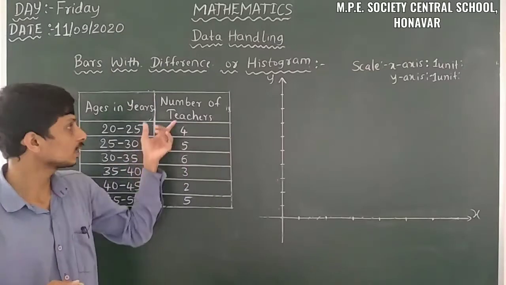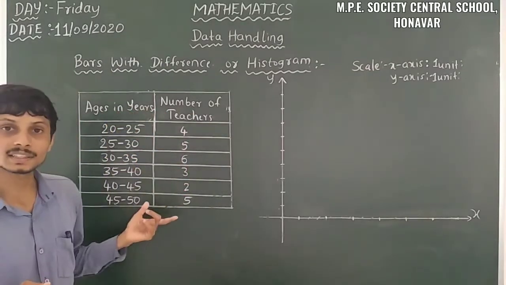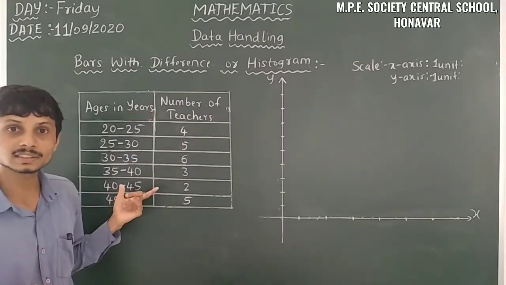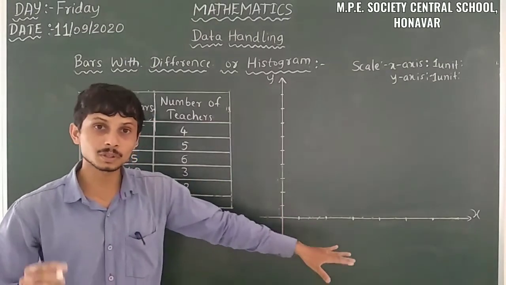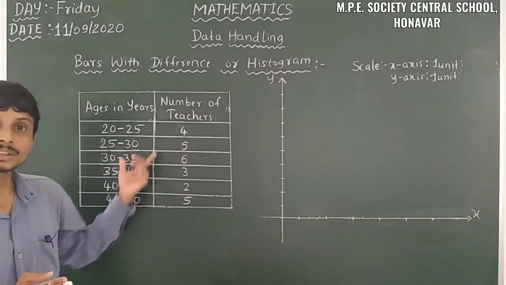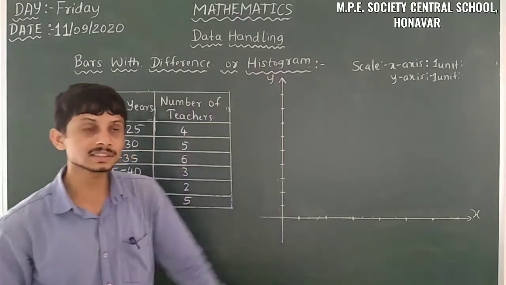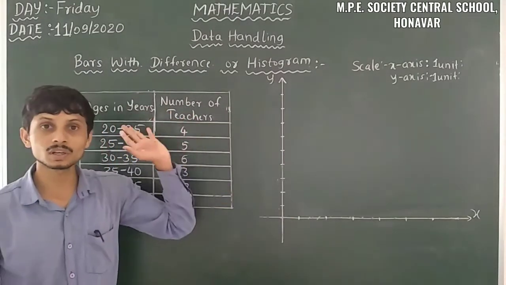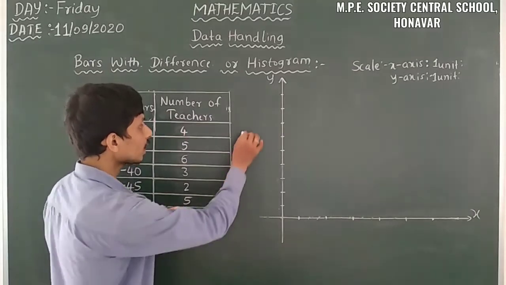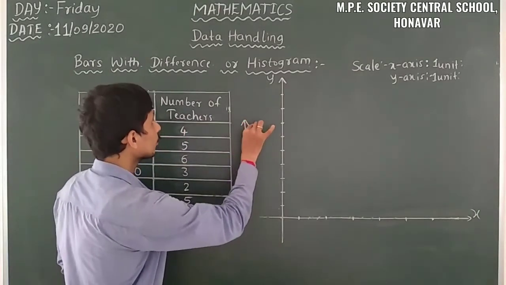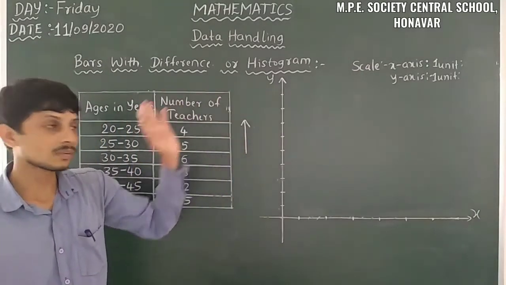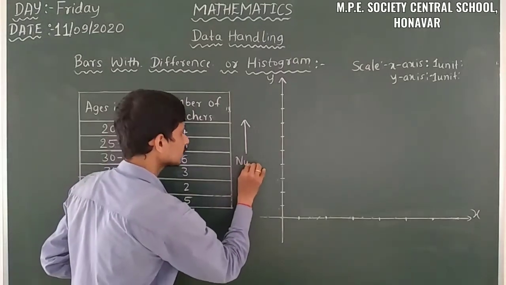Two quantities are there here: the number of teachers and the ages in years. Here I will take the ages in years as the x axis, because I already told you that the class interval must be on the x axis and the frequency must be on the y axis. That's why I am taking the number of teachers on the y axis.